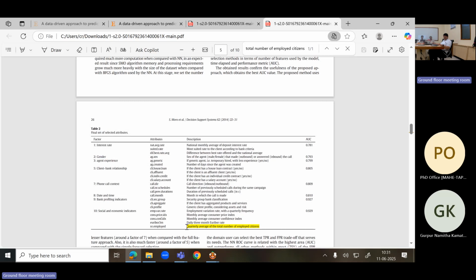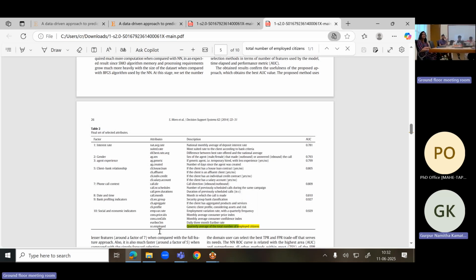But here, when something says quarterly average or total number of employed citizens, it is actually talking about wherever the customers of the bank are employed, what is the average turnout of number of people there? Quarterly average.